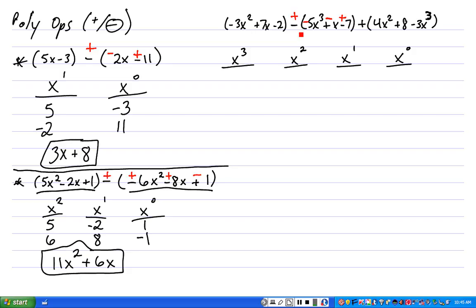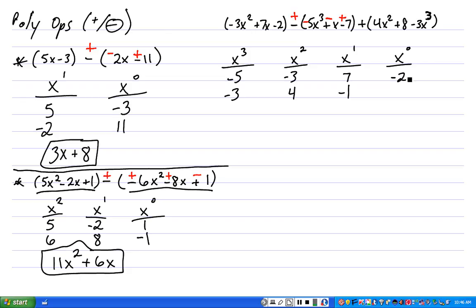Alright, so now we're all set to list out our terms. So our x to the thirds, we have a negative 5 here and a negative 3. Our x squares, there's a negative 3 right here, and a positive 4. Our x's, we have a 7, a negative 1 right here, that's a negative 1x, so a negative 1. And then our constants, we have a negative 2.